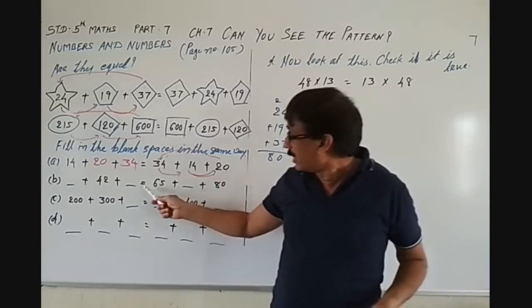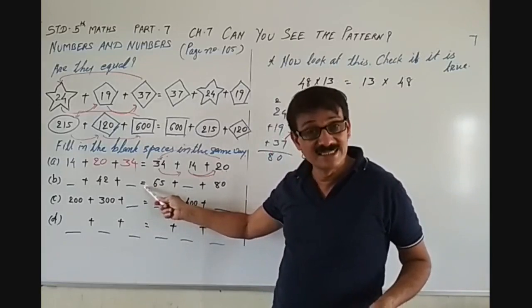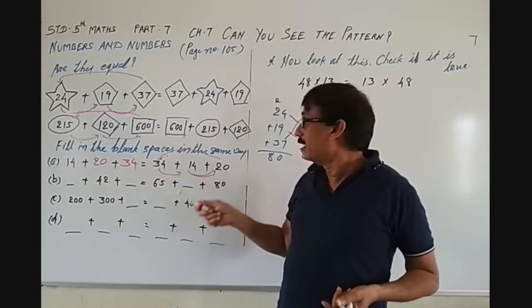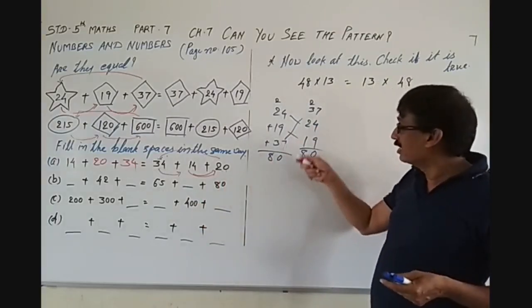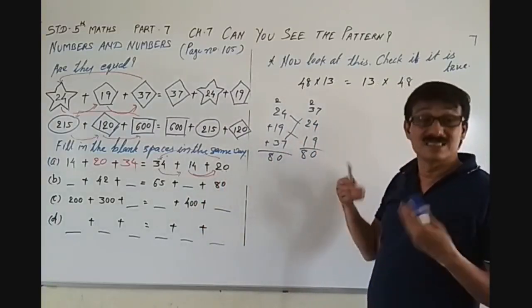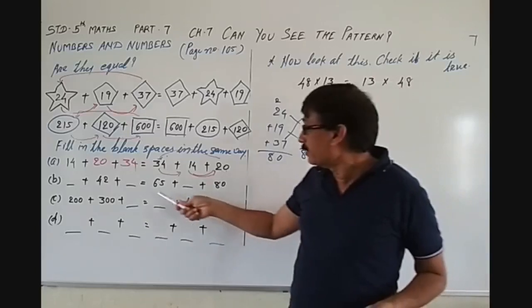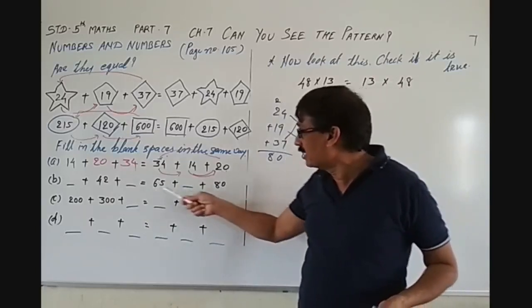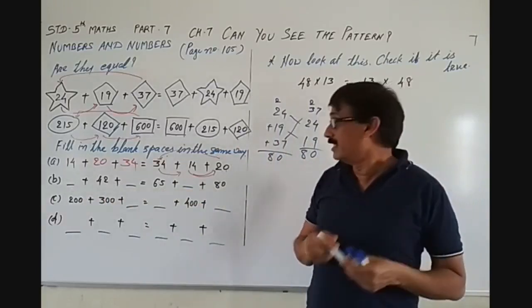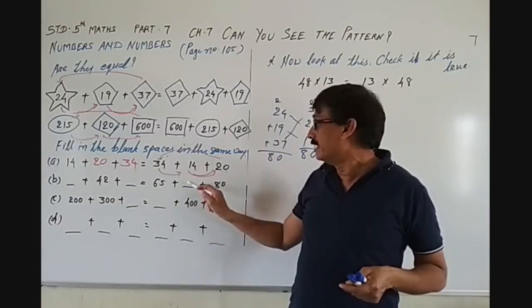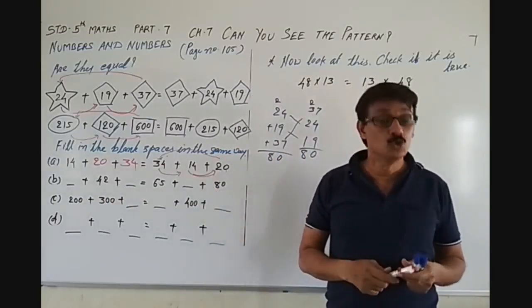Why? Because here you can see the equal to sign is there. And we have come to know that the total of 3 numbers is the same. So if the total sum of these 3 numbers and the sum of these 3 numbers are equal, then we can say the blank part is 42 only.